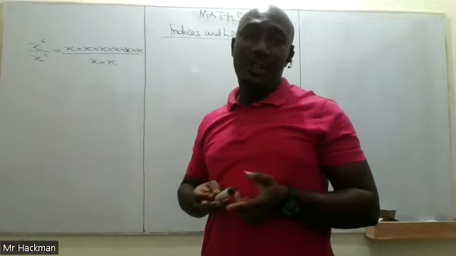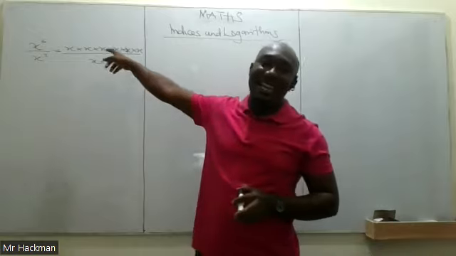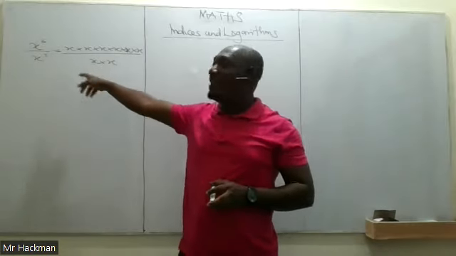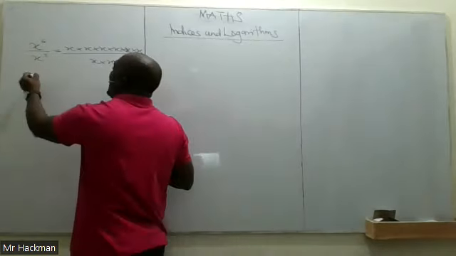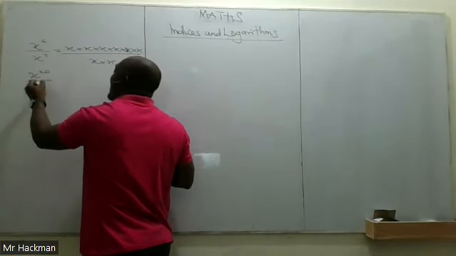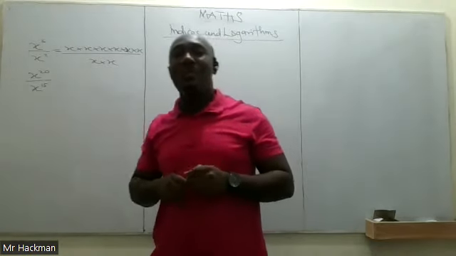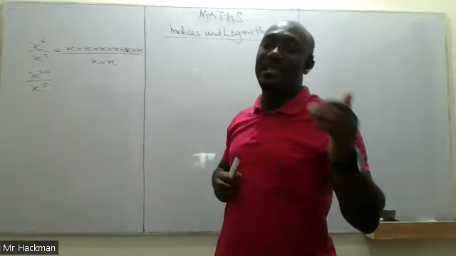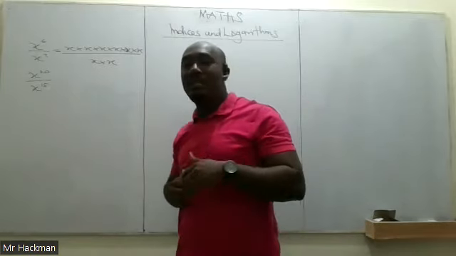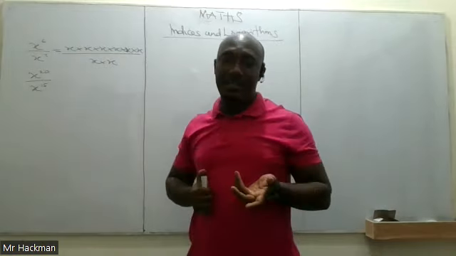Yes. Okay. However, if your power is 100, does that mean, if I have x to the power 100 or even 20 over maybe x to the power 15, that the numerator I'm going to write as x multiplying itself 20 times, then the denominator x multiplying itself 15 times before I start calculating?